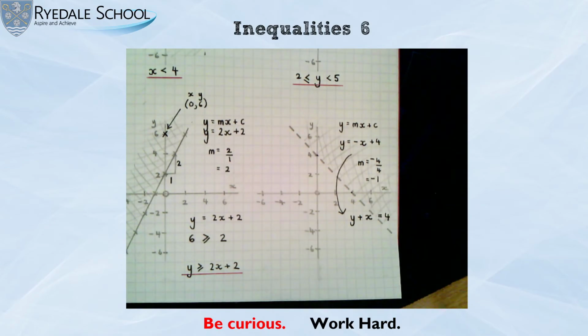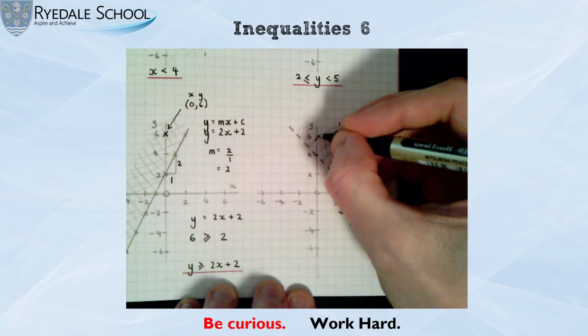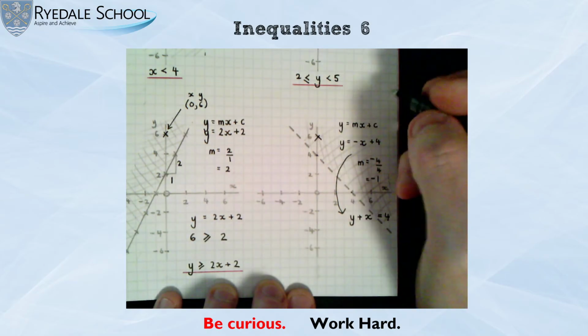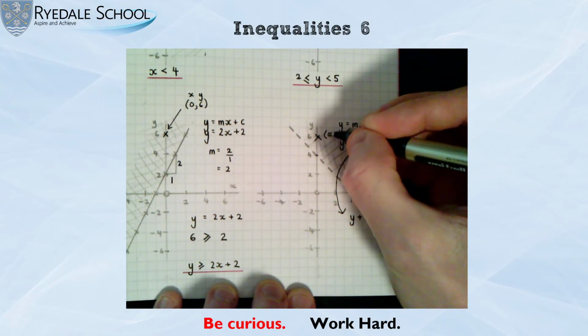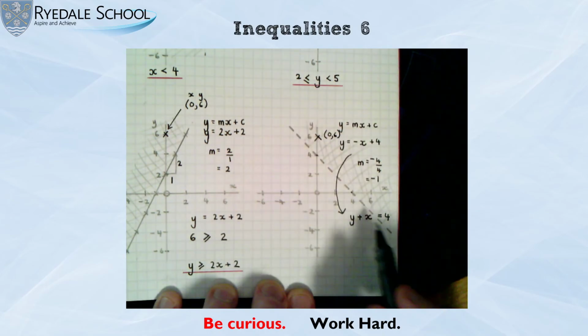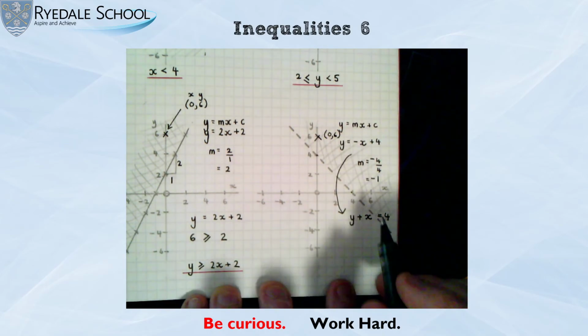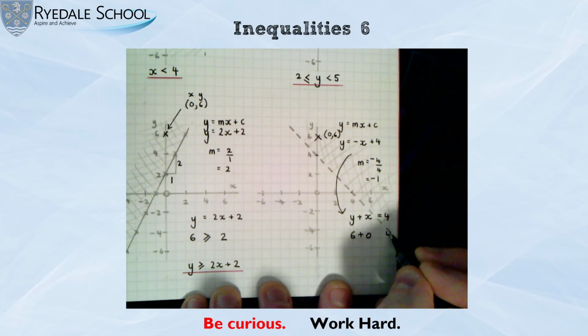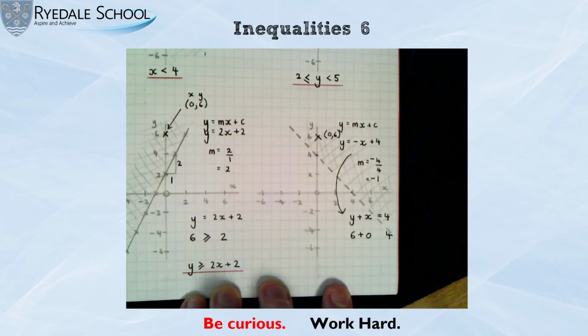But we've not quite finished because we haven't sorted out the inequality. So I'm just going to use the same point as I used last time. When y is 6 and x is 0. So I'm going to do my little substitution into here, but I'm going to drop the equals sign. When y is 6 and x is 0, 6 plus 0 is something related to 4.